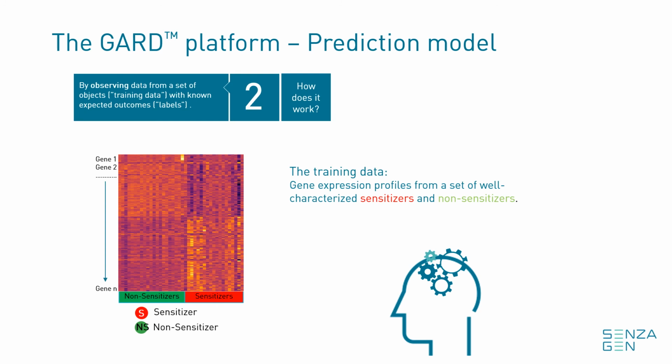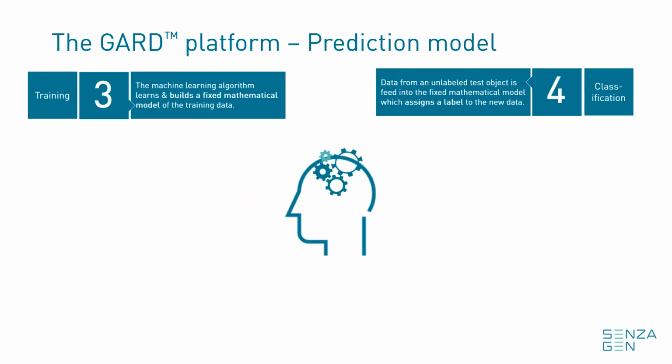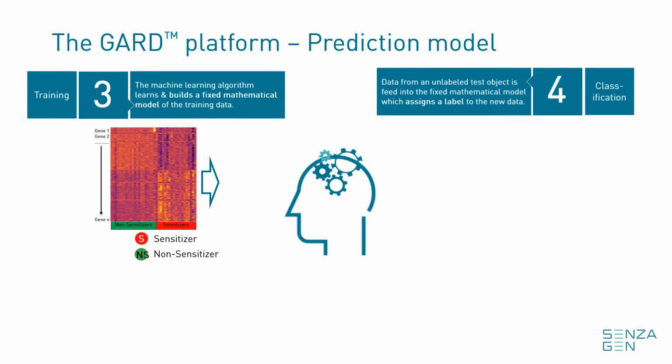The machine learning algorithm learns by observing a set of objects with known expected outcomes. If we consider our training data, we have the gene expression profiles from a set of well-characterized compounds that are either sensitizers or non-sensitizers. Using this training data as input, the machine learning algorithm learns to distinguish expression profiles induced by sensitizers and non-sensitizers.